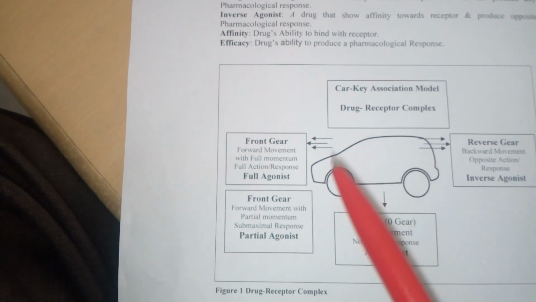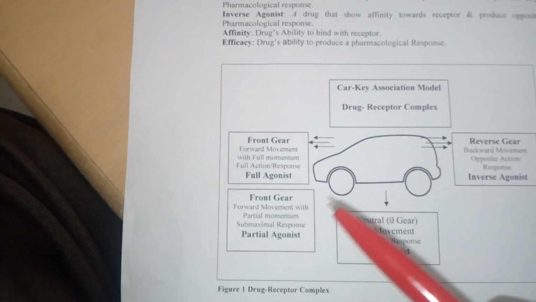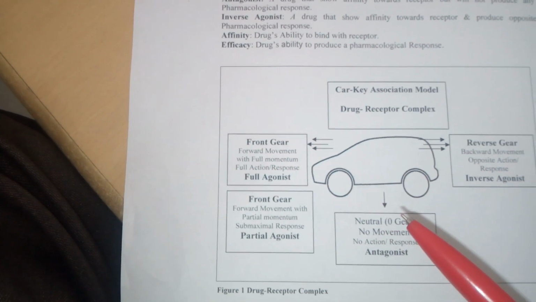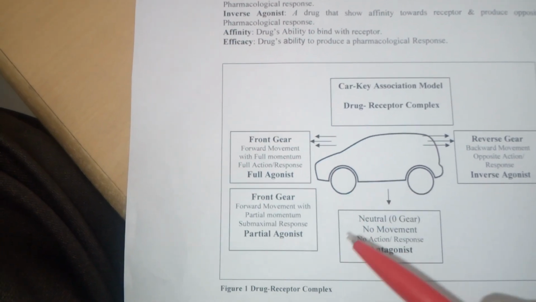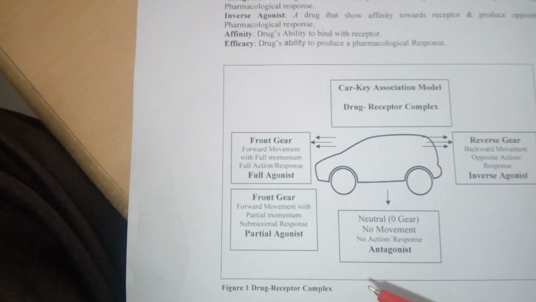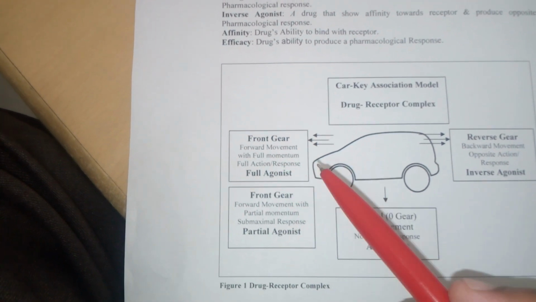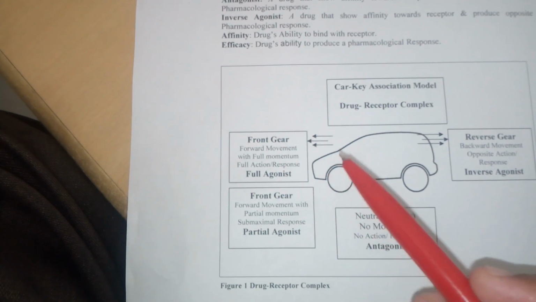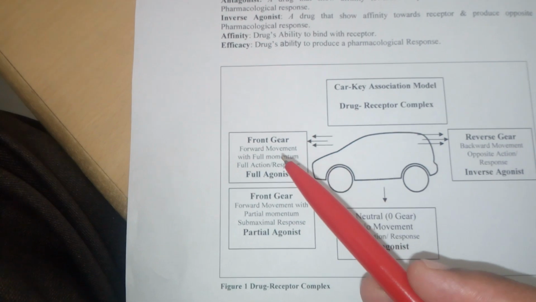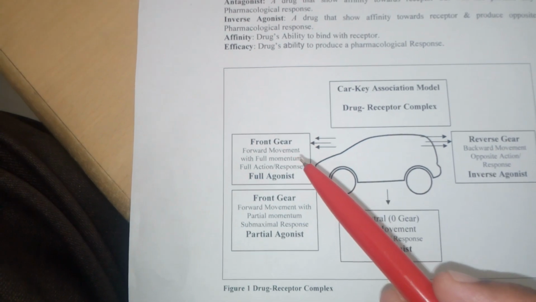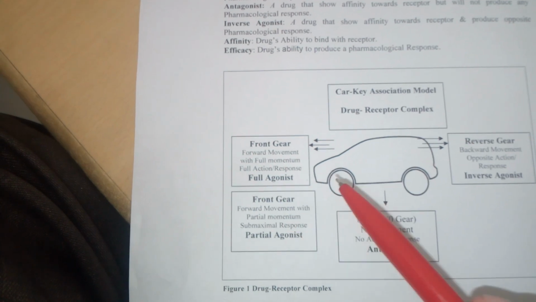Now, with respect to the car association model, to move the car forward, we need to first start the car, then with the first gear, second gear or third gear, the car will move slowly and produce a maximal response. See, full agonist. With respect to the car, in the front gear, after the start, we will observe forward movement with full momentum, showing a full action response: a full agonist.